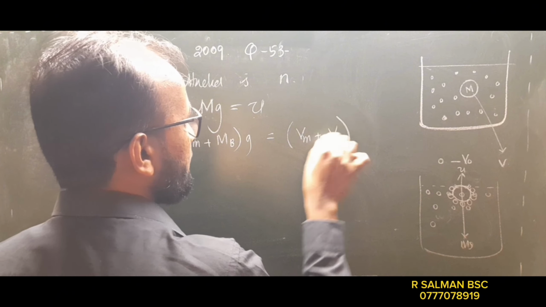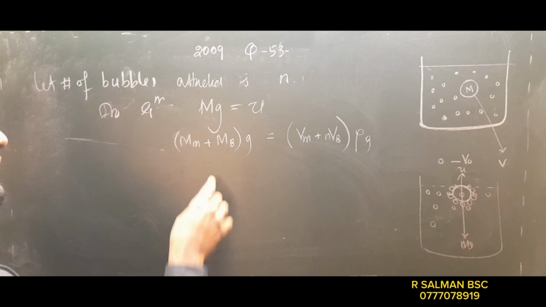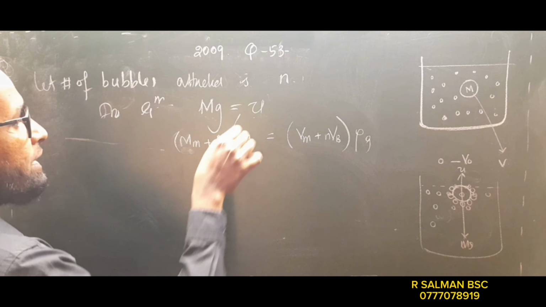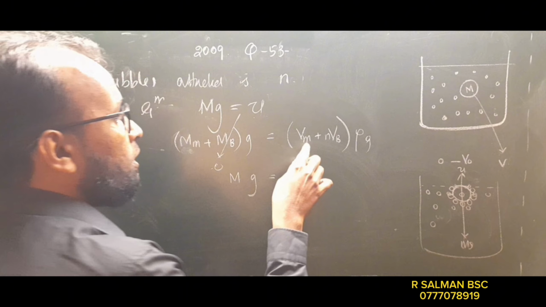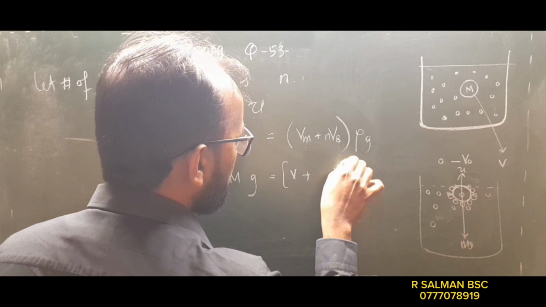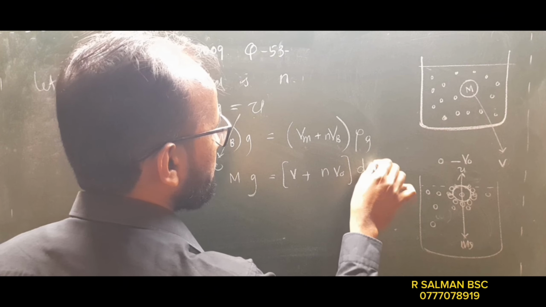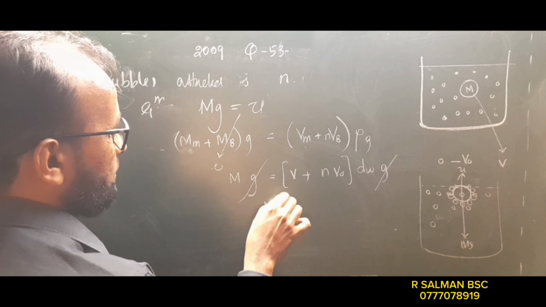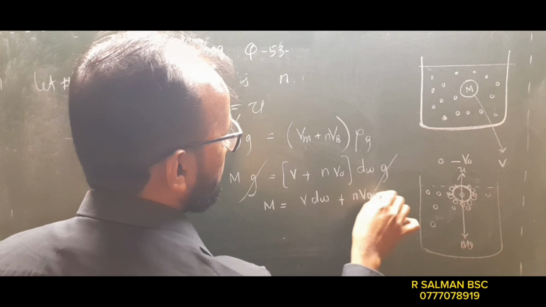The volume of the bubbles is n times V0, times the density of the medium, times g. Before substituting, the mass of the metal is given as M, but the bubbles are air, so you can neglect their weight. So capital M into g equals the volume of metal V plus the volume of the bubbles n V0, times the density dW, times g. The g cancels. So M equals V dW plus n V0 dW.